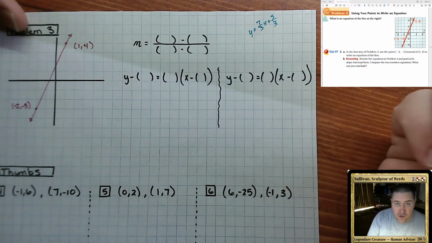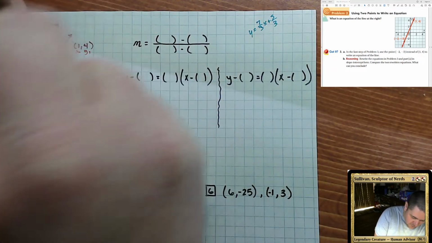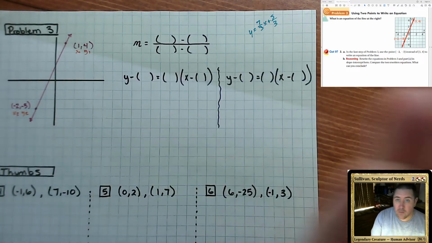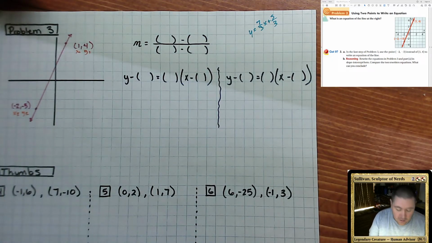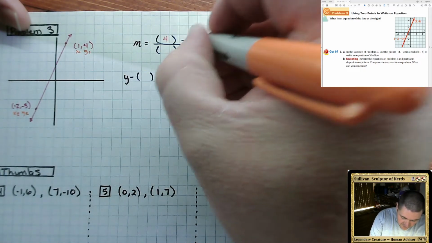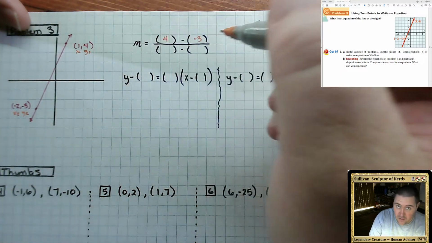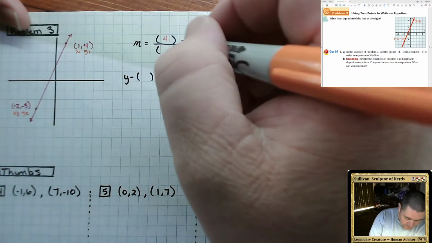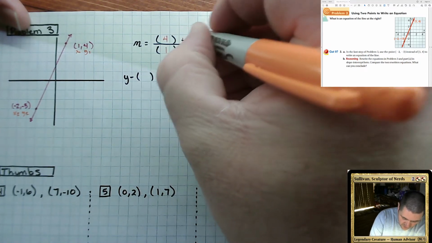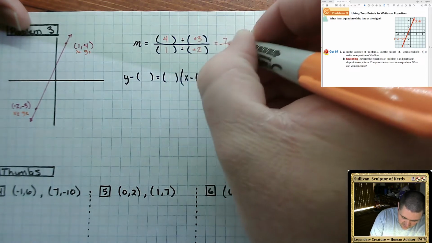Instead, I'm just going to find my slope with x sub 1, y sub 1, x sub 2, y sub 2, and I just put that because it was the first one my hand ran by. Maybe yours are backwards. I'm still going to have the same slope if I just put them in order. And what else? 1 minus negative 2, add the opposite, getting 7, add the opposite, getting 3.